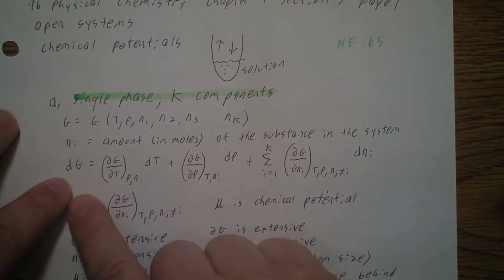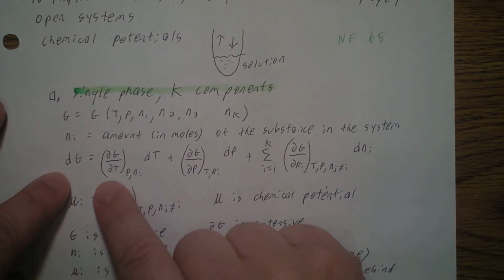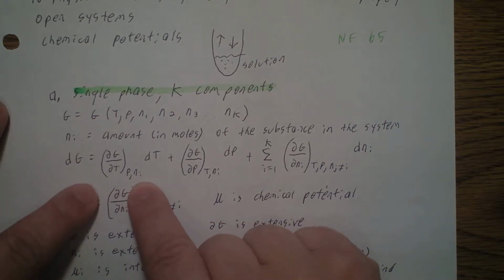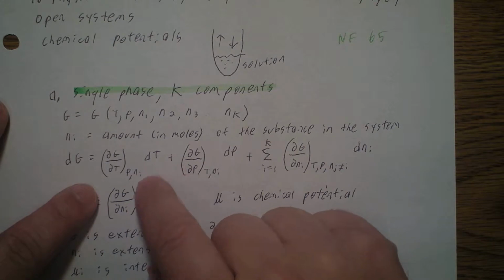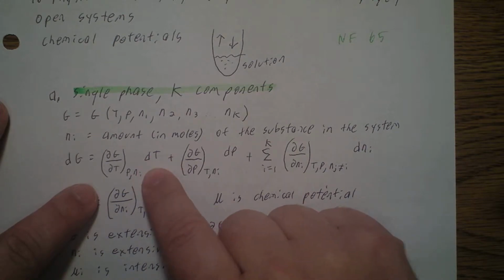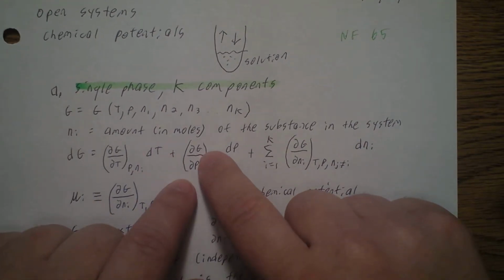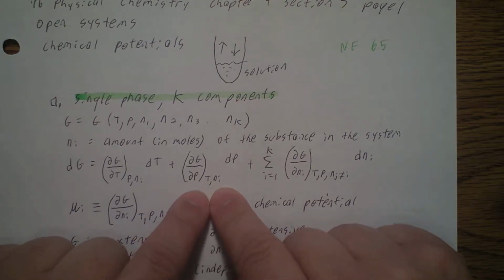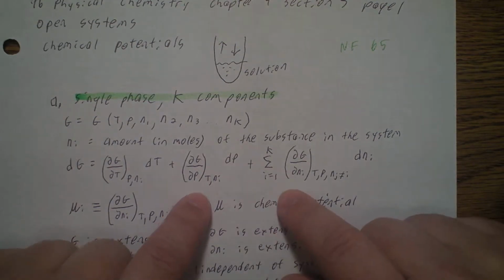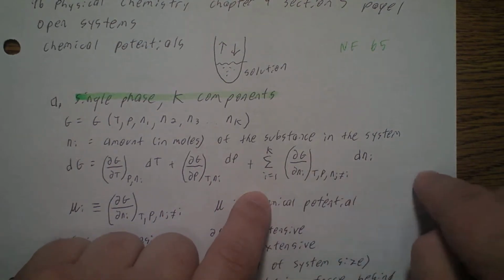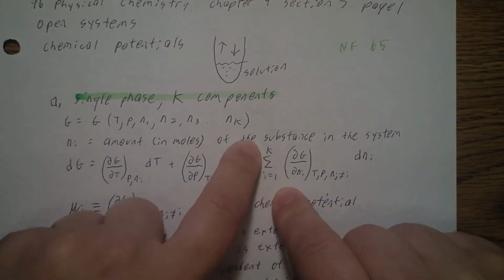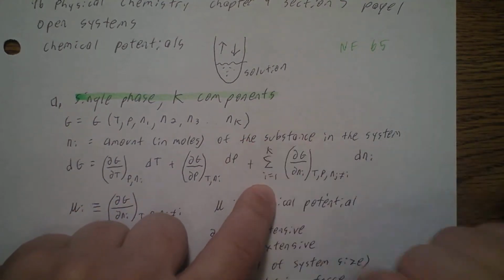So the differential of G is going to be the partial derivative of G with respect to temperature, holding pressure and all the substances n_i constant, times the differential of temperature, plus the partial derivative of the Gibbs free energy with respect to pressure, holding temperature and all the substances n_i constant, times the differential of pressure, plus a whole bunch of others, so we're going to just write it as a sum, from i equals 1 to K, so that means we're going to go through each of the K substances.